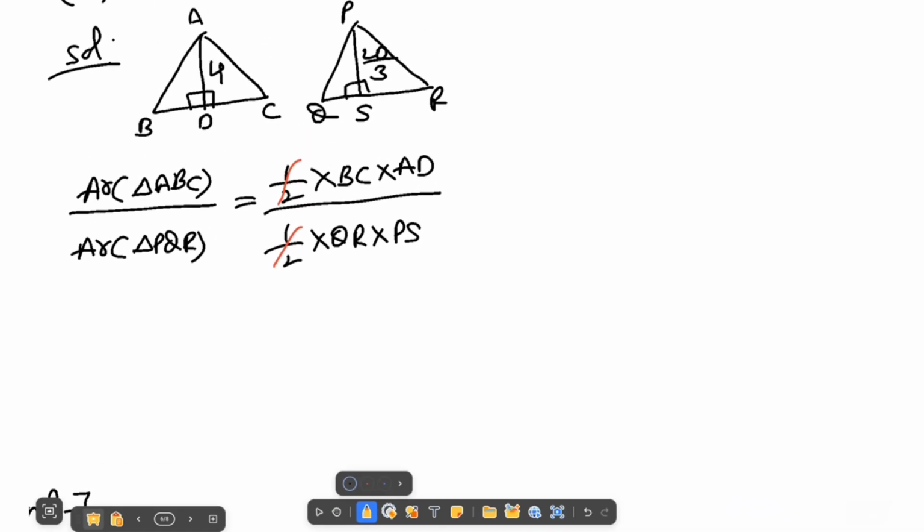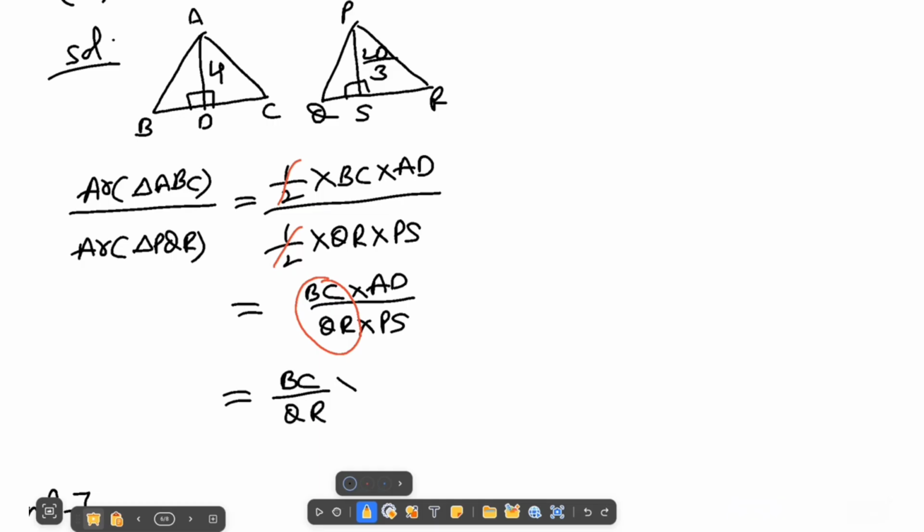So what are the remaining things? Remaining things are BC into AD by QR into PS. Okay, now we can separately write like this: BC by QR into AD by PS.